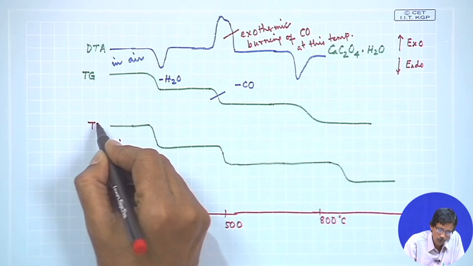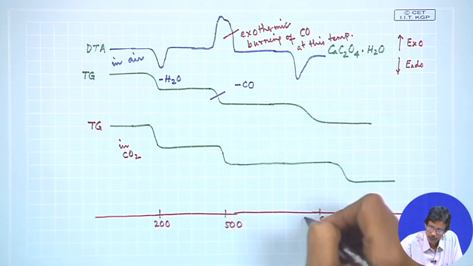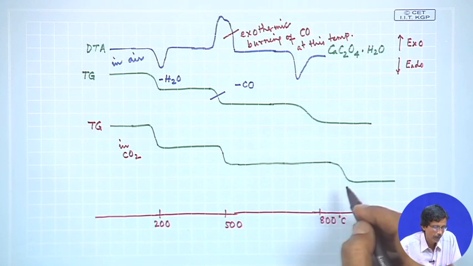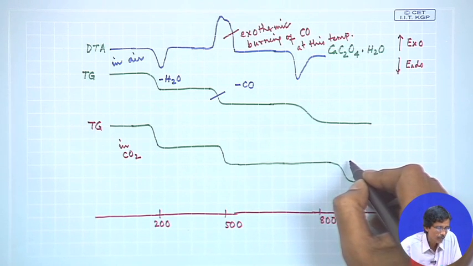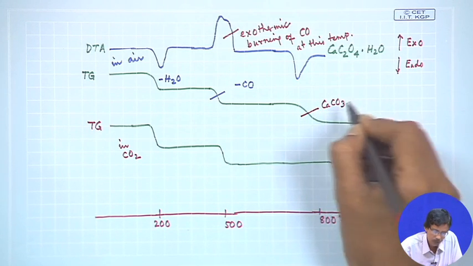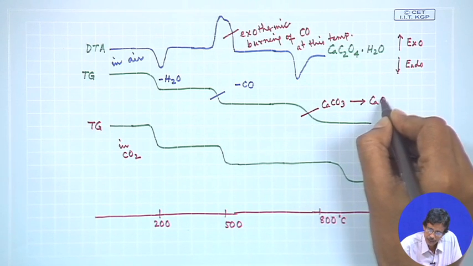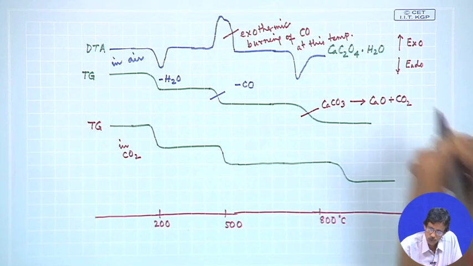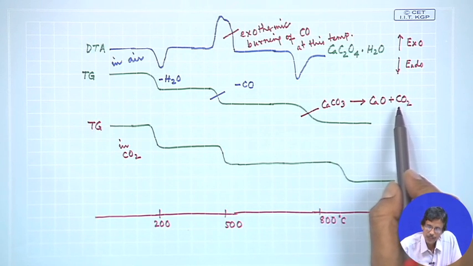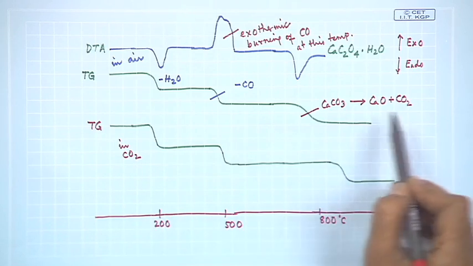So, your TG plot will be this, where this temperature is this one and this temperature is a little bit higher. So, at this point what we have seen is that CaCO3 is getting decomposed to calcium oxide plus CO2. So, this is the elimination of CO2, in the corresponding CO2 environment. So, according to Le Chatelier's principle, we know that we are supplying a corresponding concentration of these.